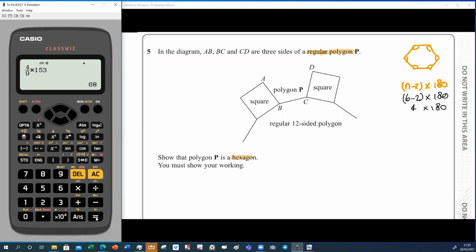And then what's 4 times 180? It's 720. 720. Now you've got 6 equal angles. 6. Okay, so you have to divide that by 6. So that gives you what? 120. So this angle here of a regular polygon should be what? This angle 120. And this one in here should be what? 90. And this one here, we've got to work it out.